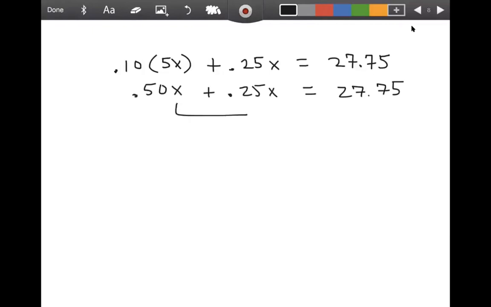Combining the like terms, we have 0.75X equals 27.75. And then we will divide both sides by 0.75.